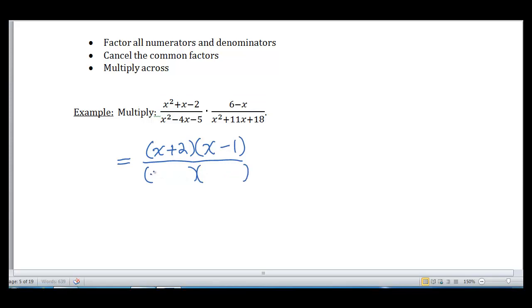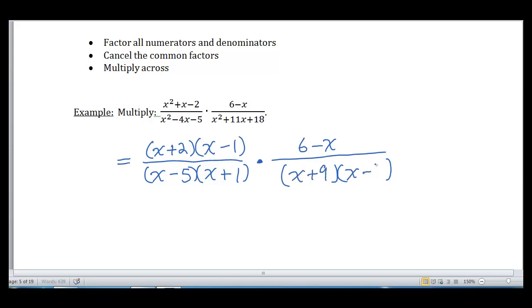I can factor this denominator, a minus 5, a plus 1. And then I'm going to go to my numerator to the right. That's kind of already in factored form. Unless you want the x to be first, you can factor out the negative and it'll be its opposite. And in this denominator here, x plus 9 times x plus 2 works.